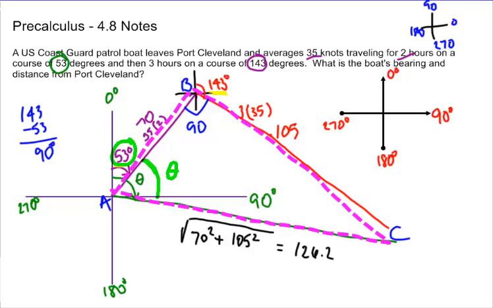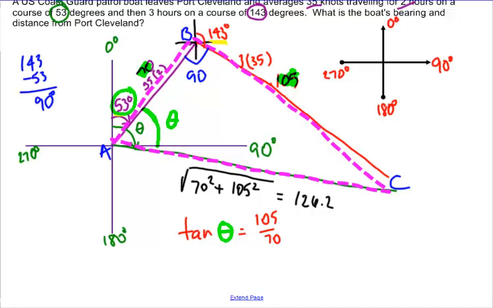To work on that theta, I've got an adjacent side and an opposite side. So we're going to take the tangent of theta, this green theta, inside my right triangle, which is equal to the opposite over the adjacent, which is 105 over 70. How do I get theta out from inside the tangent?